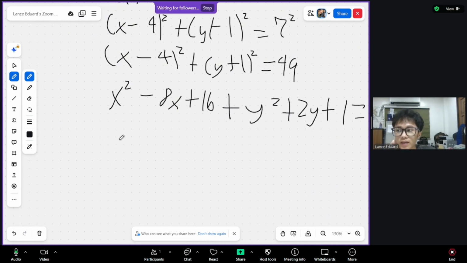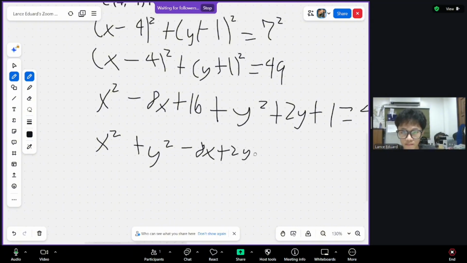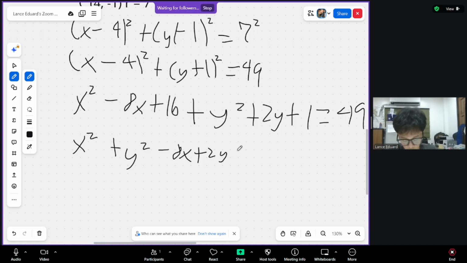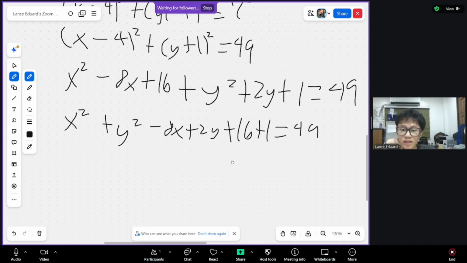Then we'll be grouping the like terms. So it's going to be x squared plus y squared minus 8x plus 2y plus 16 plus 1 equals 49.